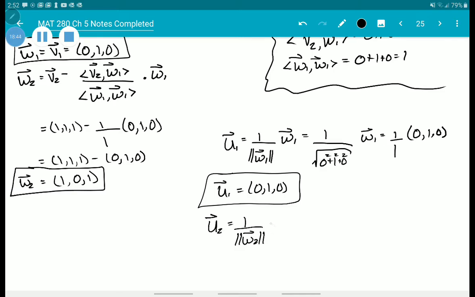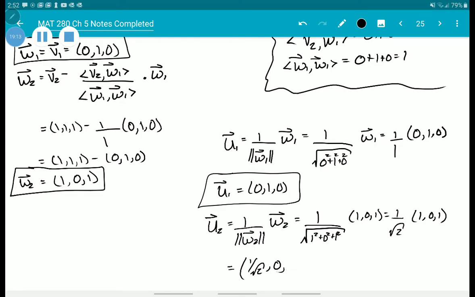And let's find U2. And there she is. That one has a length of 1 also.